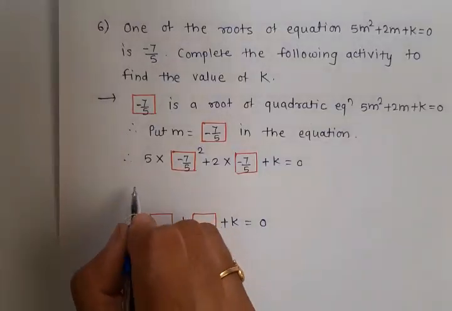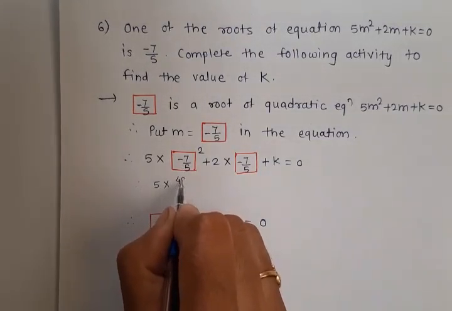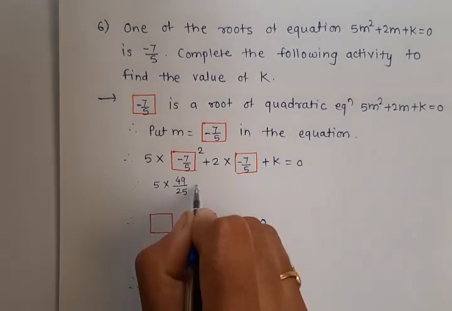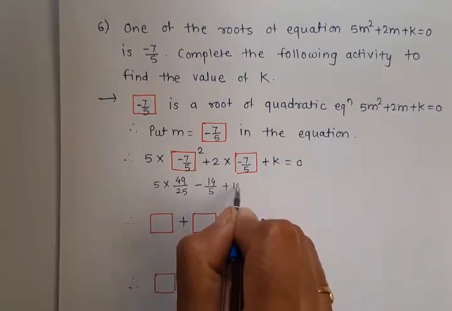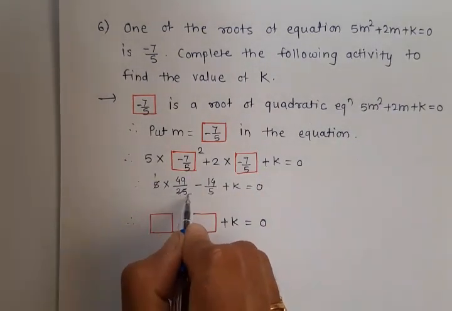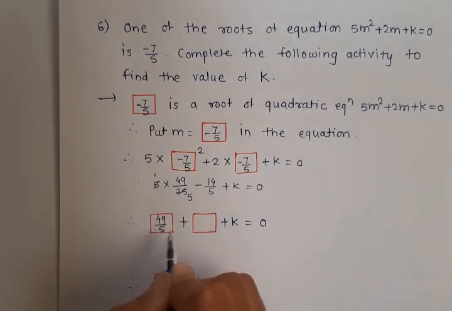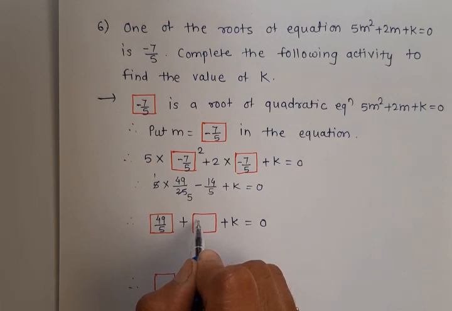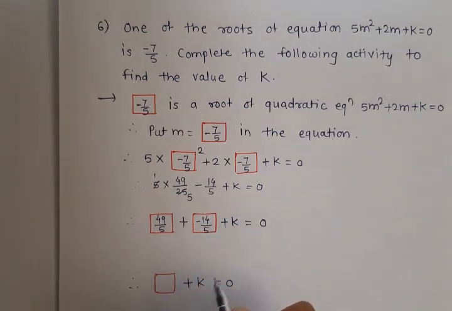Now after solving this, 5 into minus 7 square is 49 upon 25. Here plus into minus becomes minus 14 upon 5 plus k equals 0. That means 5 ones are 5, 5 5s are 25. So we'll get 49 upon 5 plus minus 14 upon 5 plus k equals 0.